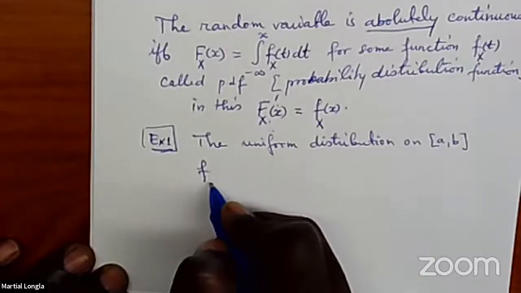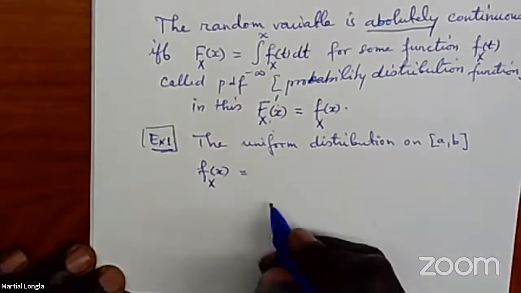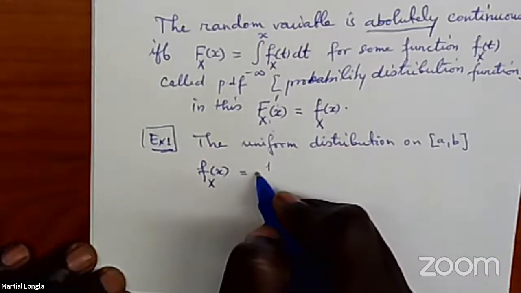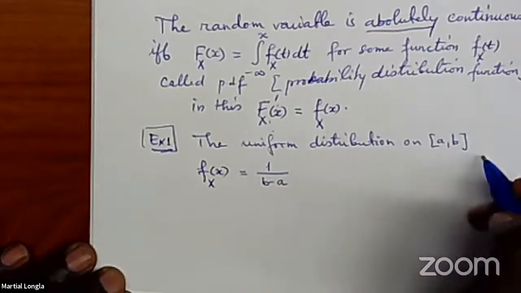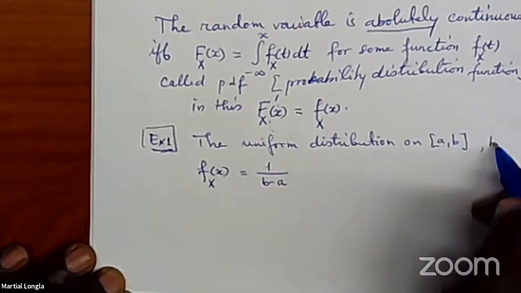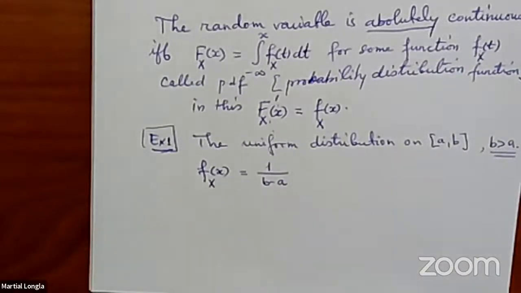Little f(x) of x is equal to 1 over b minus a. So here b is larger than a. That's the only condition. It could be negative both, or one negative, the other one positive. It doesn't matter.